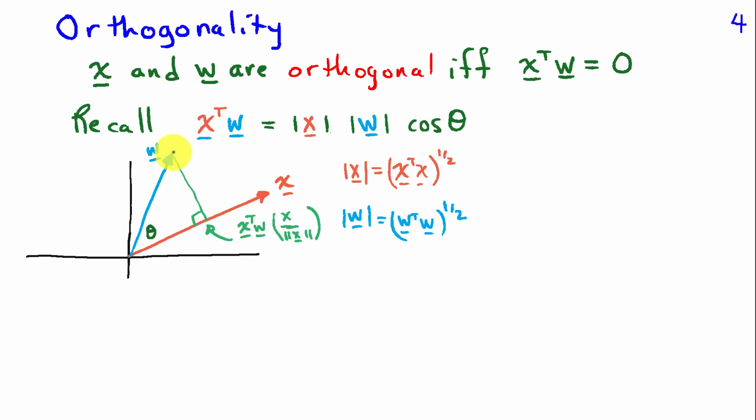Inner product gives us the projection of w along the direction of x. Here, what I've written in parentheses is x divided by the length of x, so that's a unit vector pointing in the x direction, and we're going to scale that unit vector by the inner product x transpose w, and that gives us this value here.